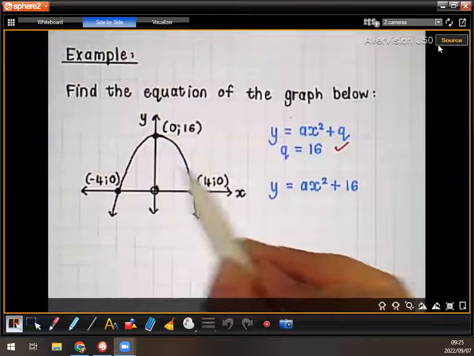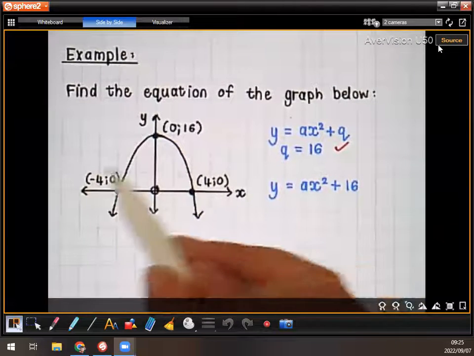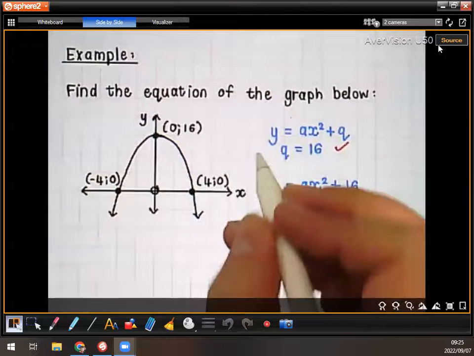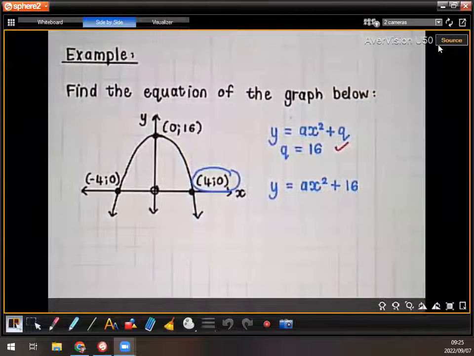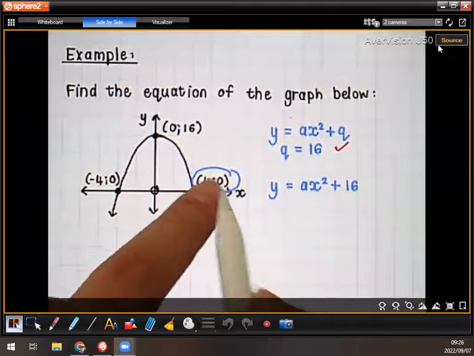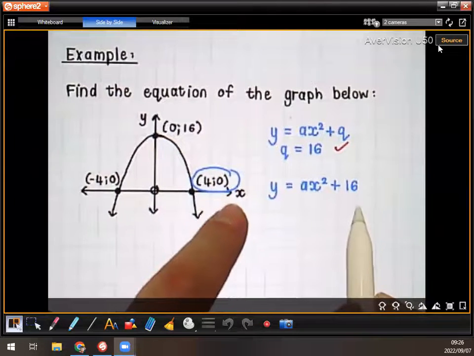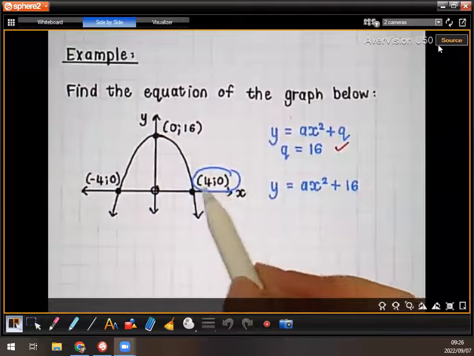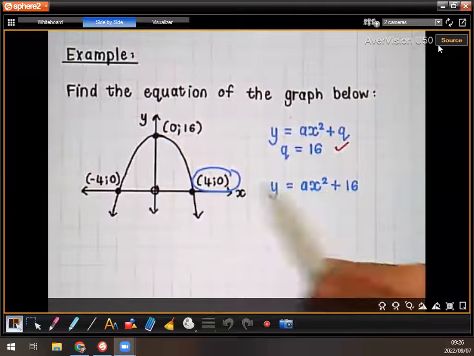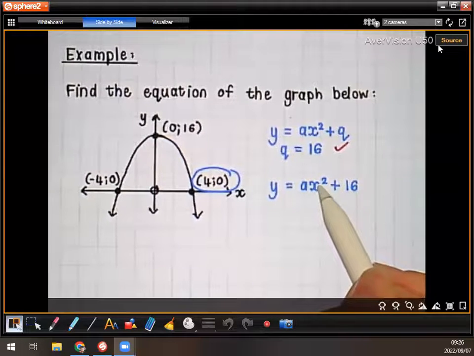Now, guys, you are going to choose either one of these 2 points. We actually have more information than we need. You can choose the easiest point. Let's go with this one, 4, 0. And what I'm going to do is substitute this point into the equation that I have now. Because what values do I have in this point? 4 is an x value, so I can put the 4 in the place of x over there.